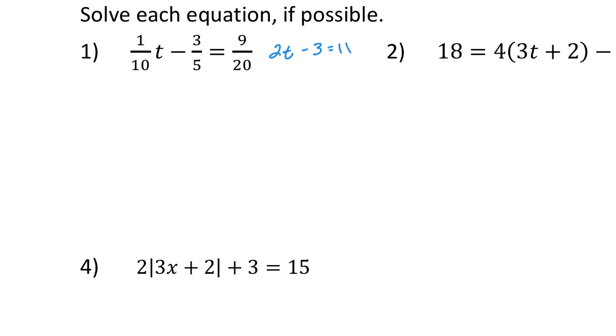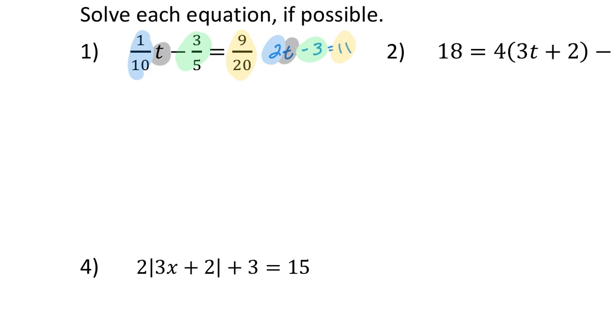What I have is a variable, a coefficient in front of the variable, subtracting a constant, equal to a constant. All right, so these are essentially the exact same types of problems.